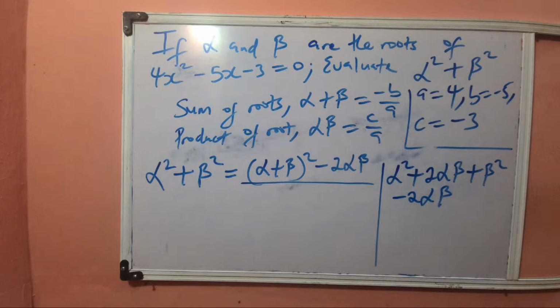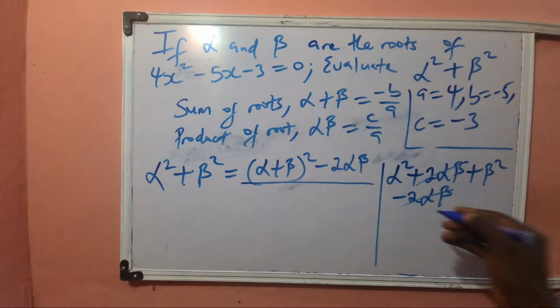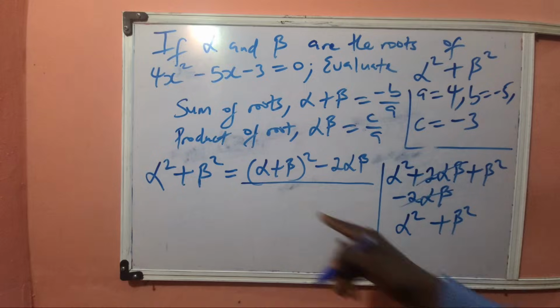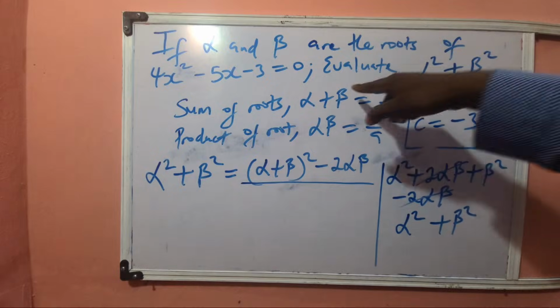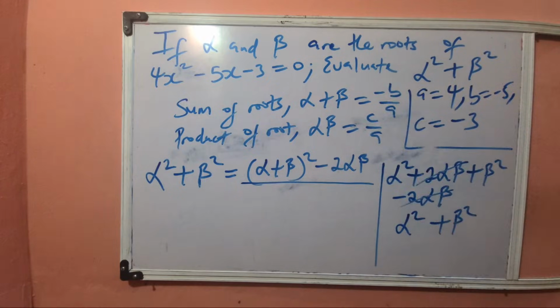You will see that minus 2 alpha beta cancels plus 2 alpha beta, and you're left with alpha square plus beta square. So you can see it conforms. We're just re-expressing it because we want to see the sum of roots and the product of roots, which we can now see very clearly, which makes so much sense.